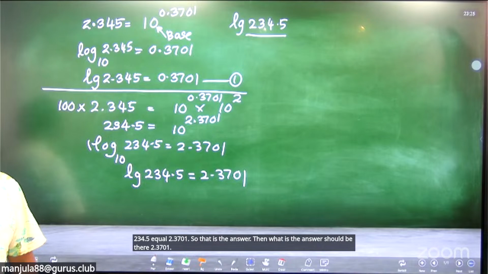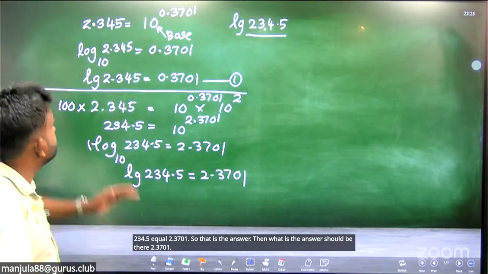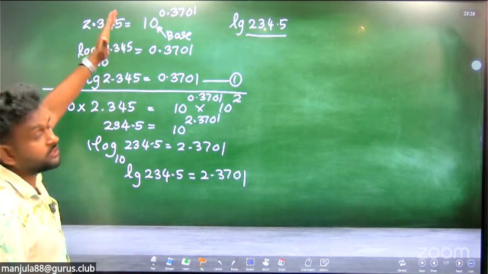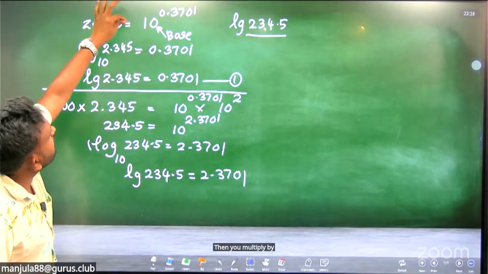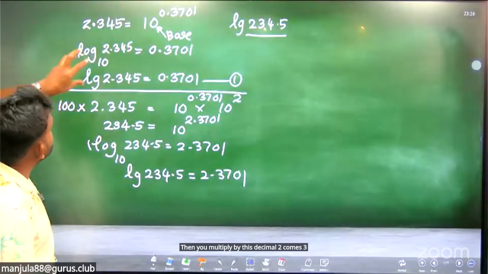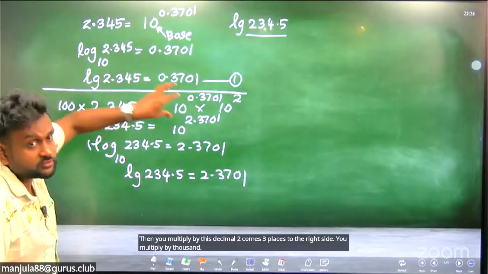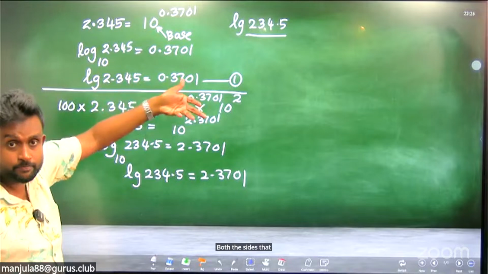Look at the way it was done. If by chance we had 2345, then you multiply by this decimal to come three places to the right side. You multiply by 1000 on both sides, that means 10 to the power 3.